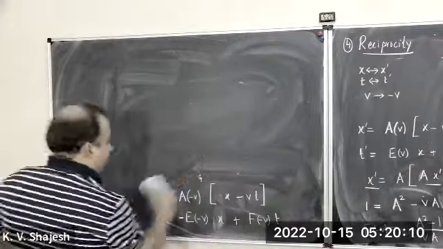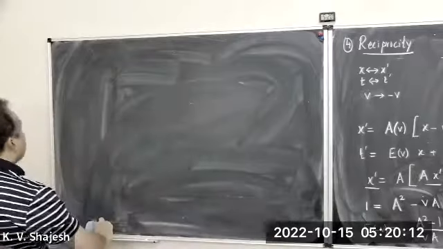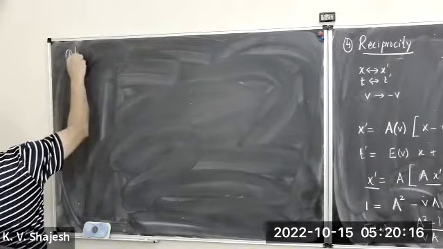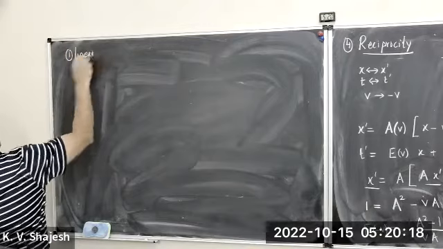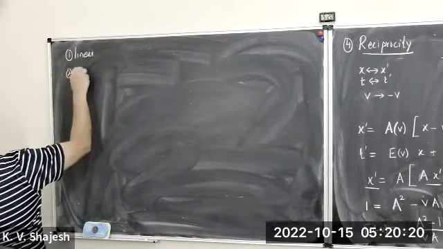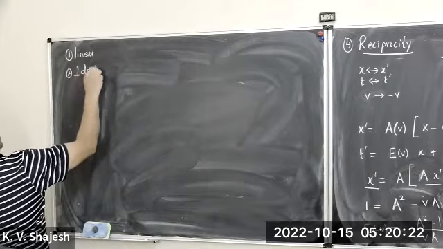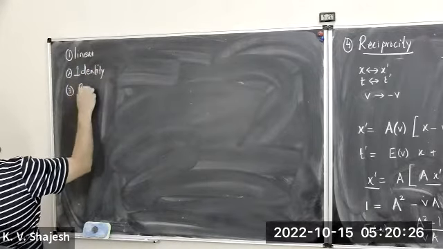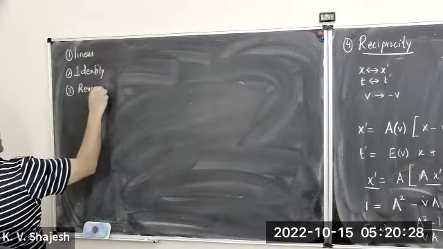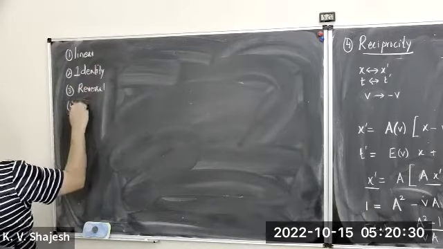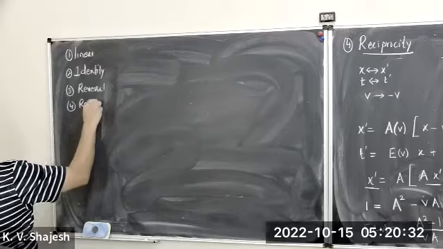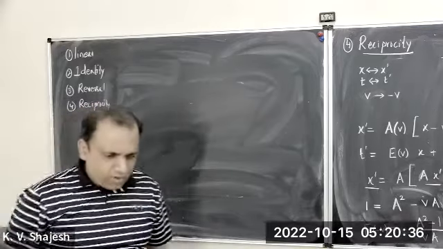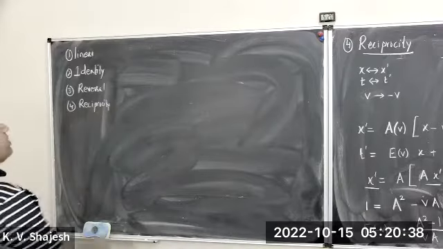So what we have is the relations. One was linearity, second was identity, third was what I call reversal, and the fourth was reciprocity. Something we expect in daily life, that we expect this to be true.